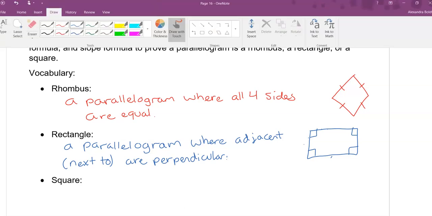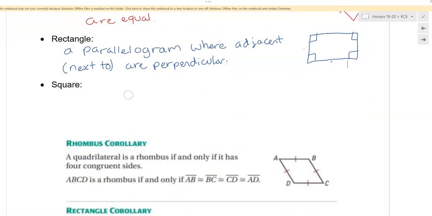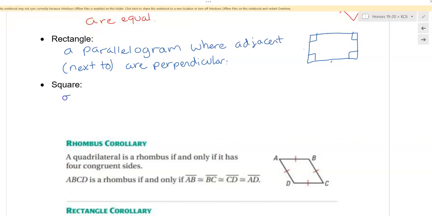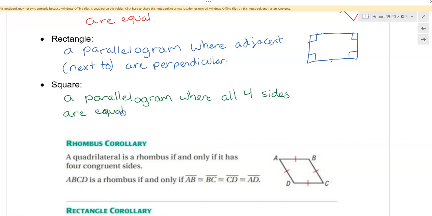Then finally, a square. A square is also a parallelogram where all four sides are equal and the adjacent sides are perpendicular.